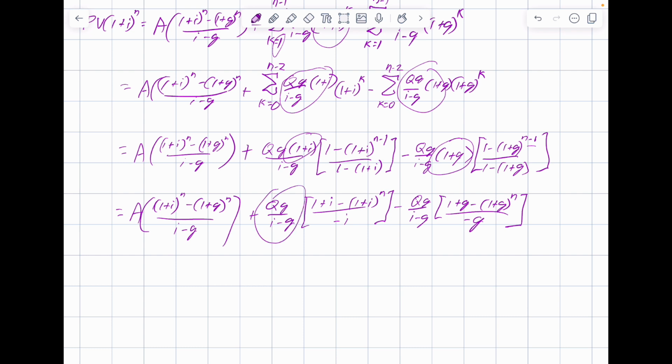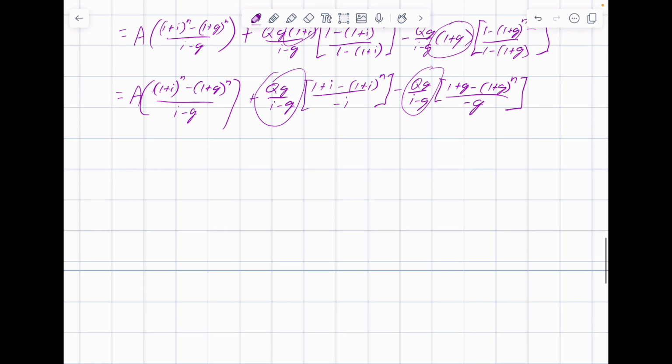Next, we'll pull out this qg over 1 plus g out of these two terms and multiply both top and bottom by negative 1. So again, carry this a term down.